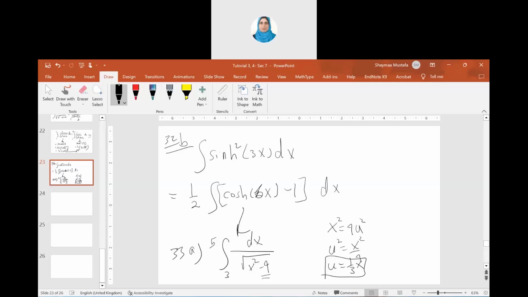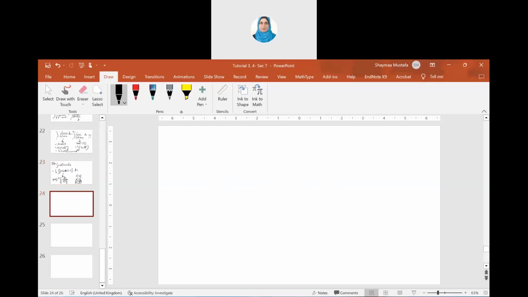Now 34b. For b, integration by parts. 34b is the same, by parts. All sinh inverse, cosh inverse, tan inverse are done by parts.